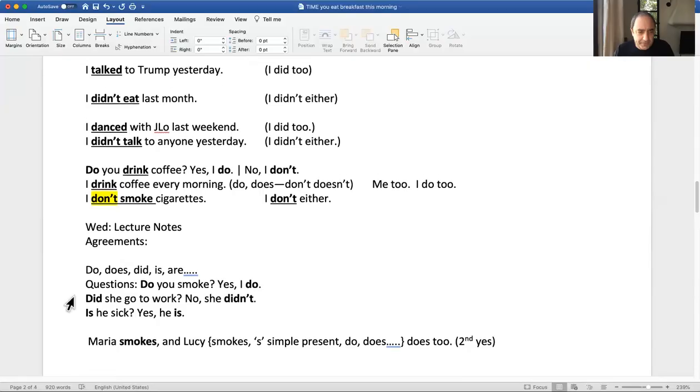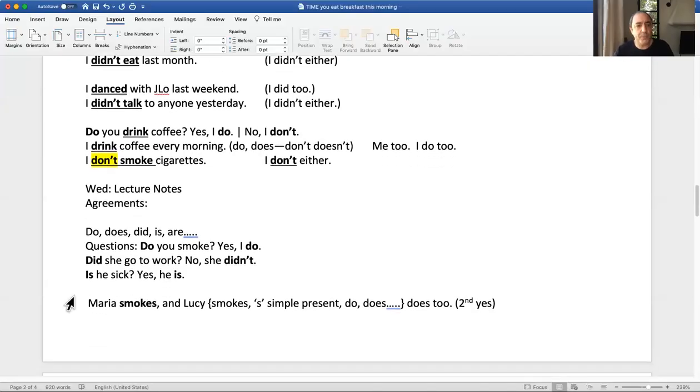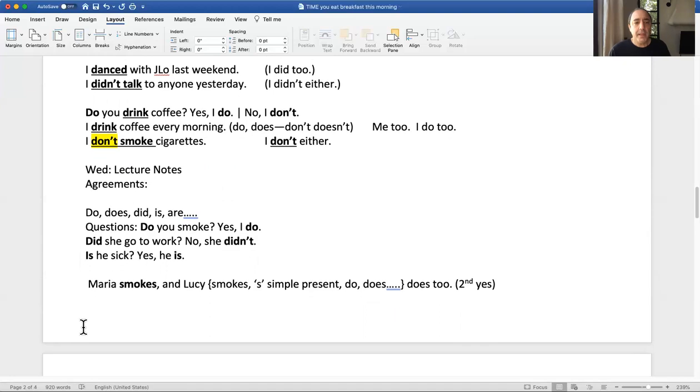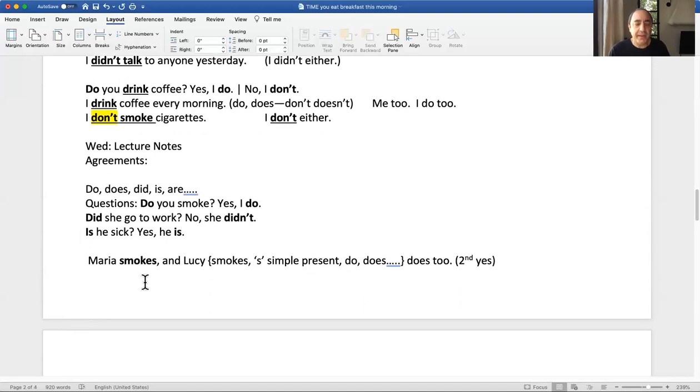So today in class, we reviewed that we use auxiliaries in questions. The different forms of the auxiliaries can be do or be. But what starts getting hard is when you see a sentence like Maria smokes. There is no auxiliary there. It's only the main verb. So you have to look at smokes.